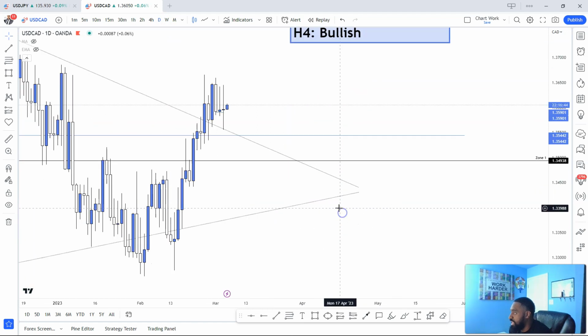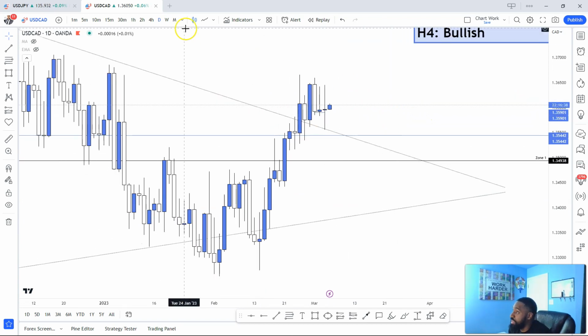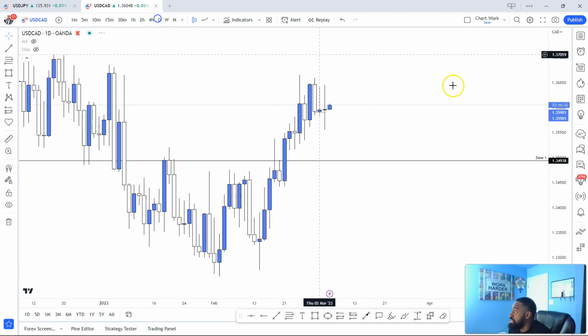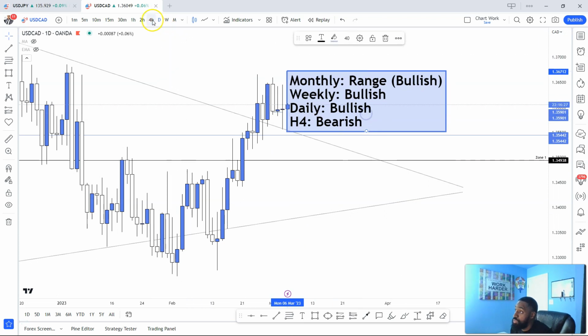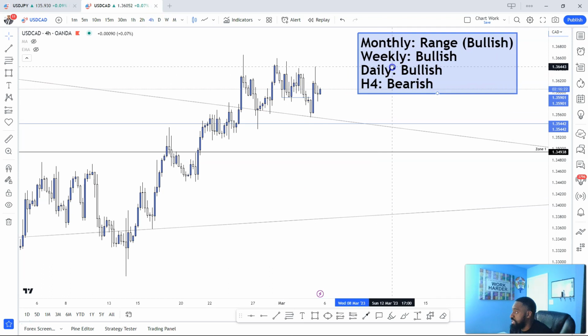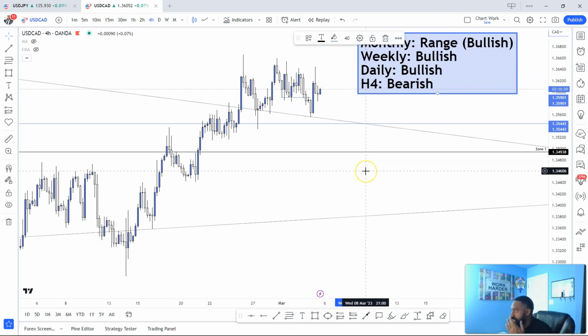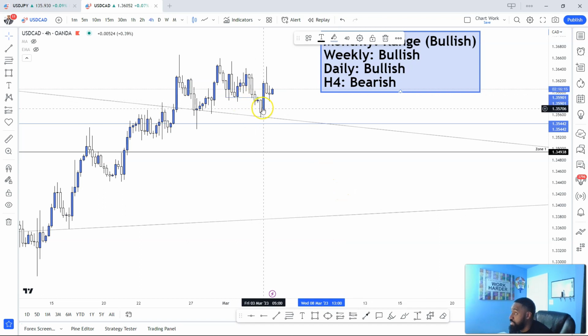A doji like this is pretty much indecision. I'm gonna put bearish for the H4 time frame because I would consider this a change of character, or I normally say break of structure. I say choke because people know it as a choke, but I would consider this a break of support. These two candles right here.